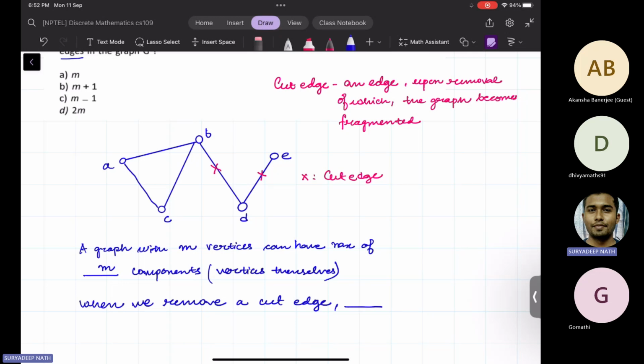how many number of components are created? How many number of components do you think is created if we remove a cut edge? Imagine this figure, the graph that I have drawn.